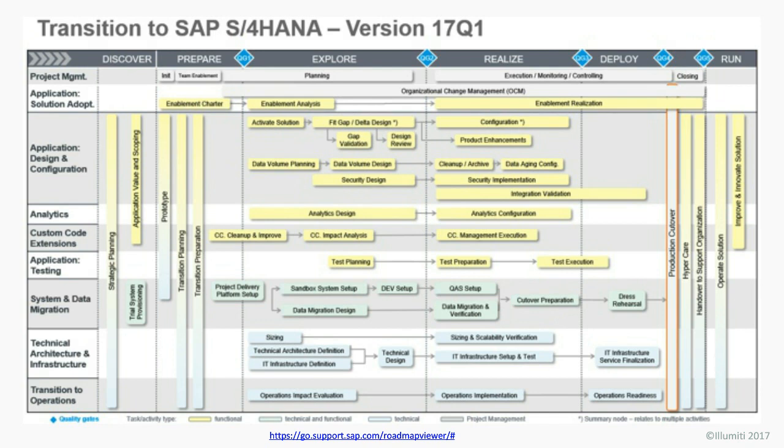And then you get into the realize phase where you're starting to develop your training material, you're doing the tiny configuration changes that you might have to do for some of the new capabilities, and you're going to deal with security and actual testing of the system. And then finally, it takes you through the deployment and actually running on S/4HANA.